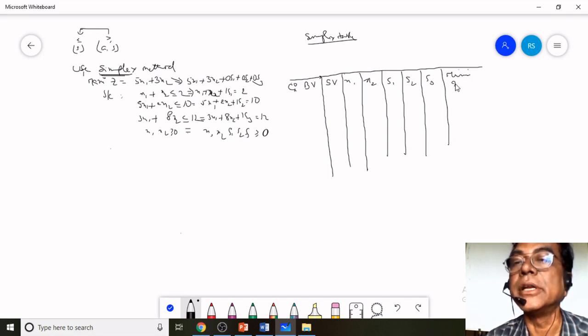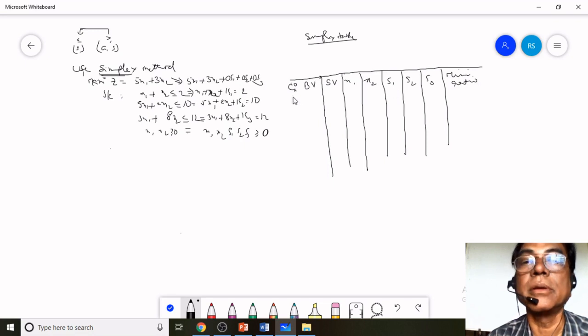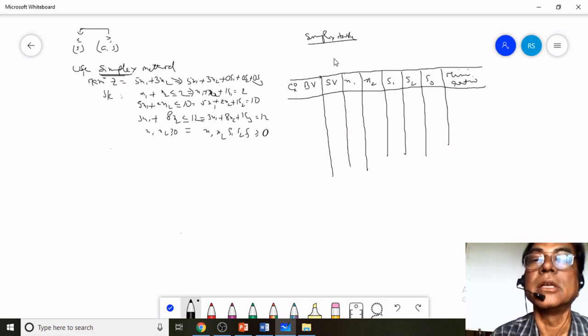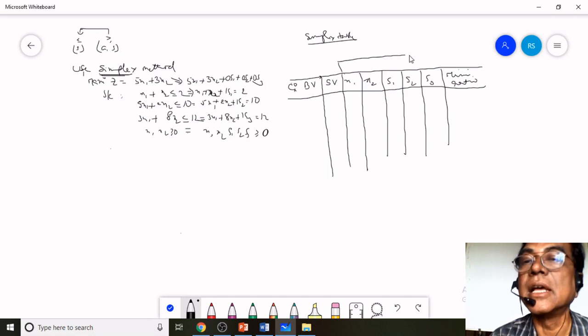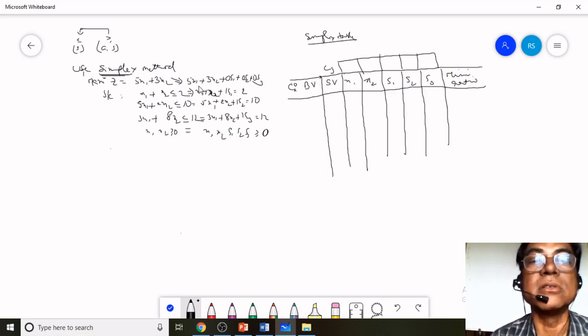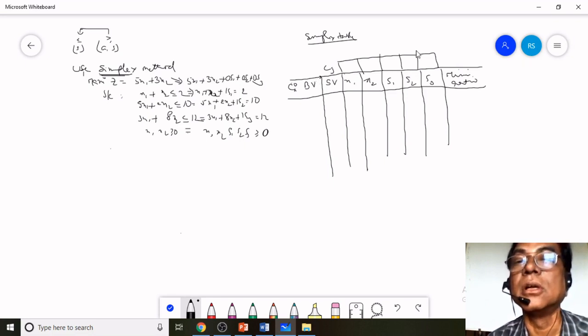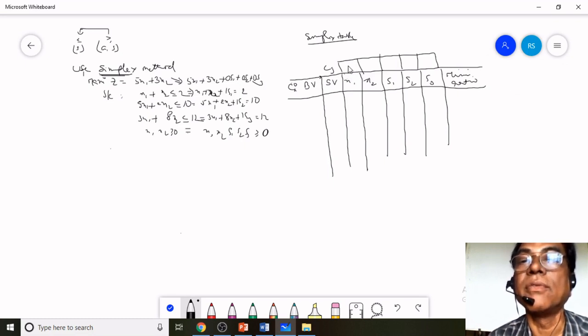Please write like this. Next, the top row is called Cj, meaning the objective function values. Top equation: 5, 3, 0, 0, 0.